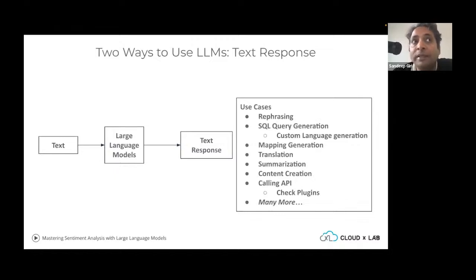The use cases could be rephrasing a text. You can also ask it to generate SQL, right? Those who are not good with SQL can say, these are my tables having these columns, and this is my question: give me the average of the orders shipped from my company. It will basically generate SQL for the same, and you can run that SQL.